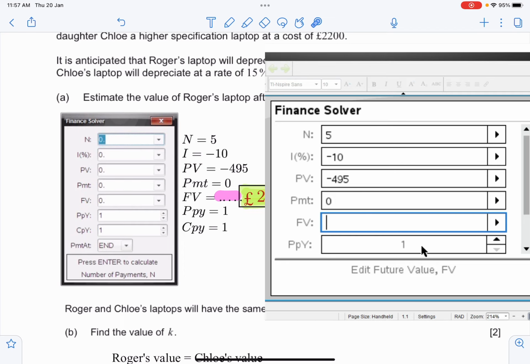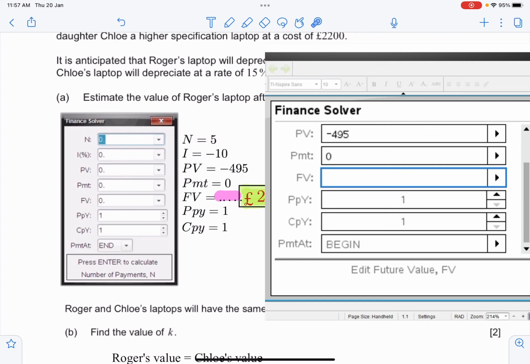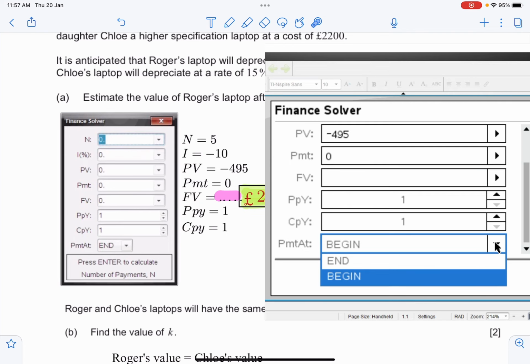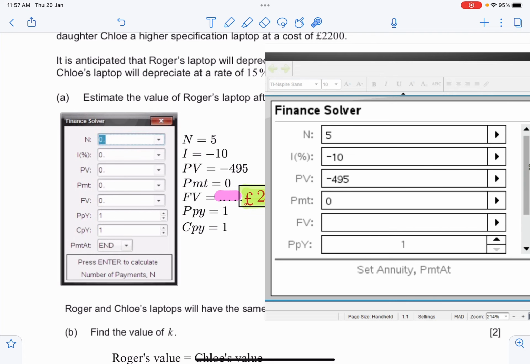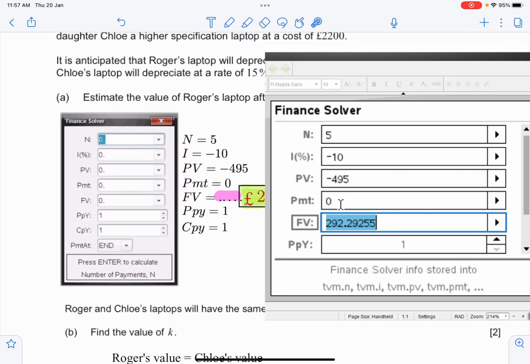FV, keep blank because we want to find it. PPY, CPY should be the same. And payment at the end of the year. Okay, end of 5 years. Bring cursor at FV and hit enter.